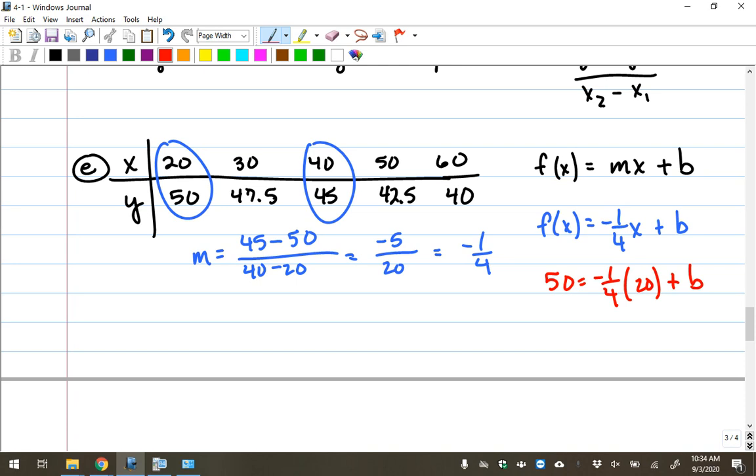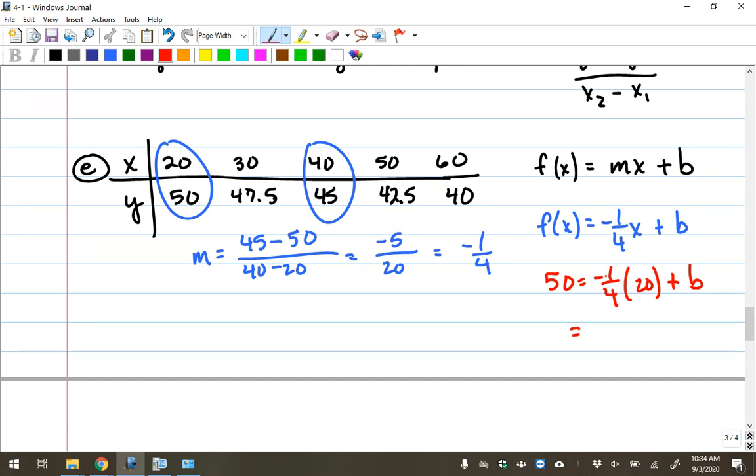It doesn't matter which ordered pair I use at this step for this particular problem, because the slope's the same between any two ordered pairs for this problem. So I usually will use one of the two ordered pairs I used to find the slope. That's always a good rule to go by.